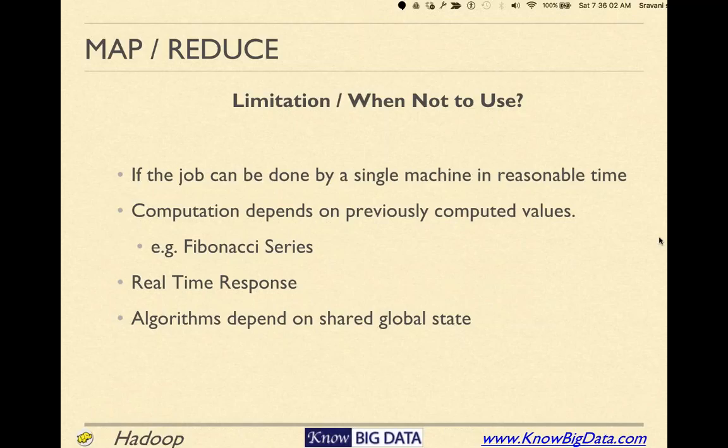Fourth is when your program needs a global state. Imagine there are many map tasks, and each one talks to a central database before or during processing a record. Every node executing a map task is communicating to the central state, maybe a database or some other agent, to which every map is talking before doing anything.